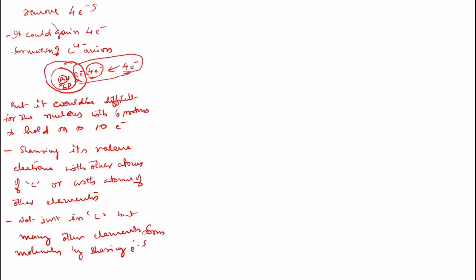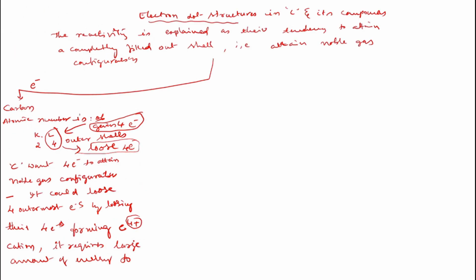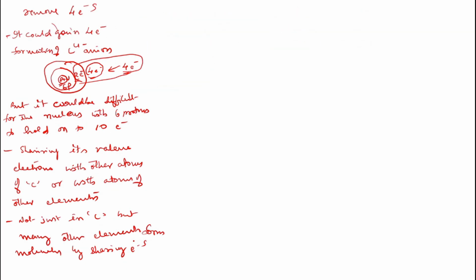Now we will discuss some electron dot structures, how carbon is sharing electrons with neighboring atoms. See, here we will start. This is the carbon, and we will see how it shares its electrons with the neighboring atoms. For example, we will write methane.